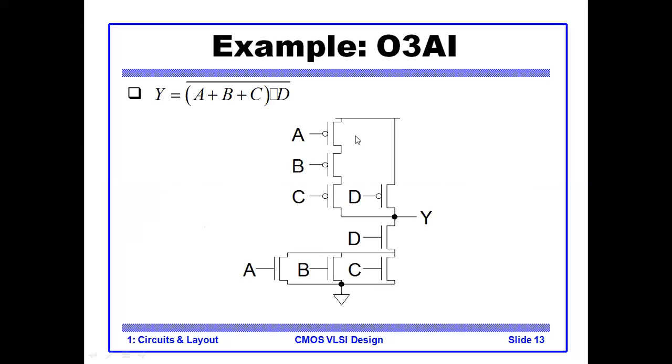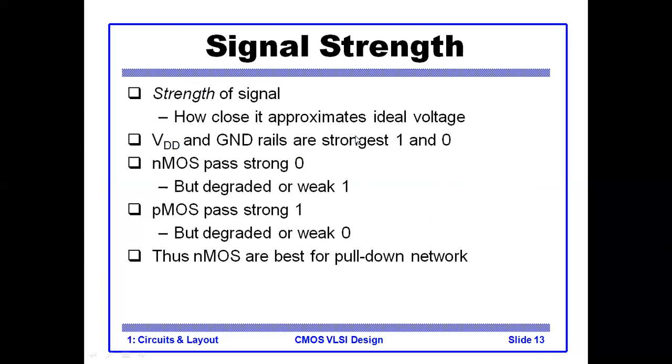Okay. Now we can implement an example. Now, signal strength. This is again a very important slide. Strength of the signal is how closely it approximates an ideal voltage source. The VDD and ground rails are the strongest 1 and 0. NMOS passes a strong 0.